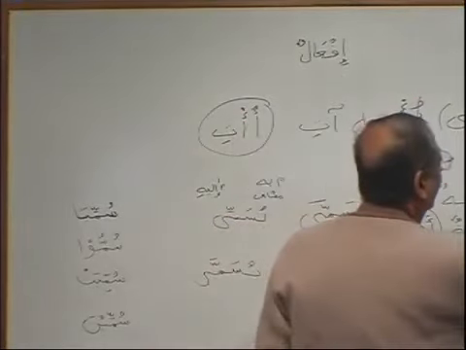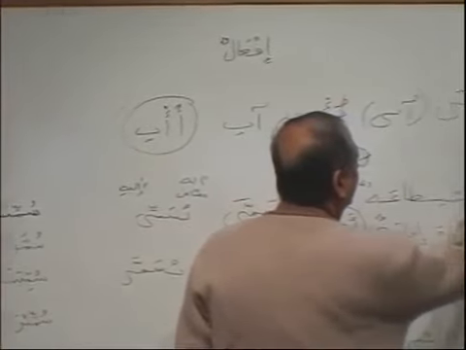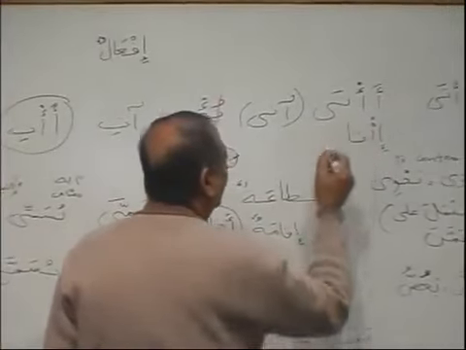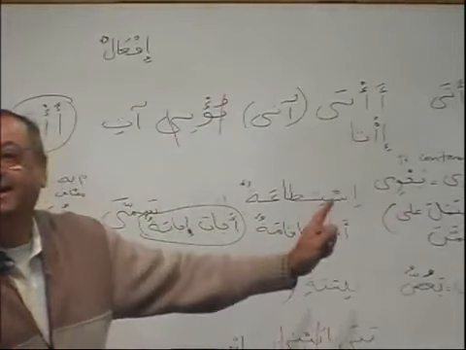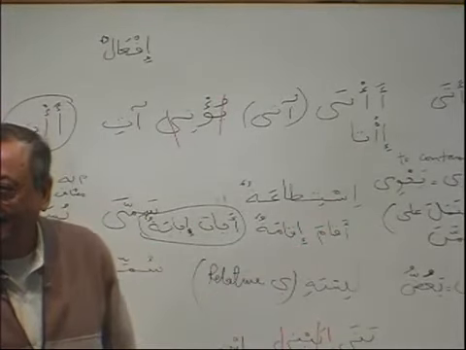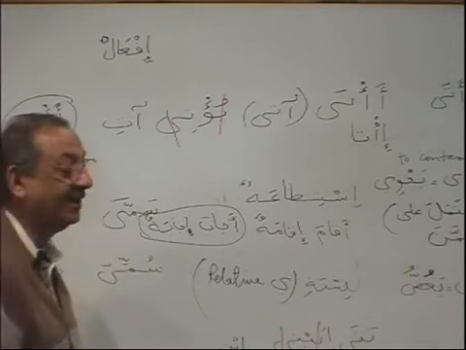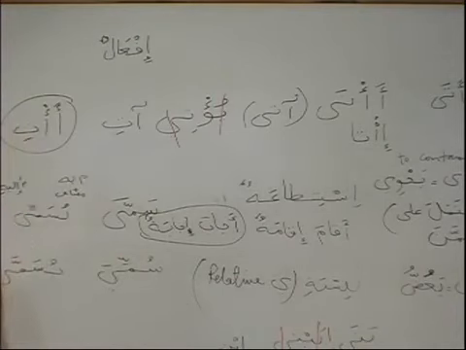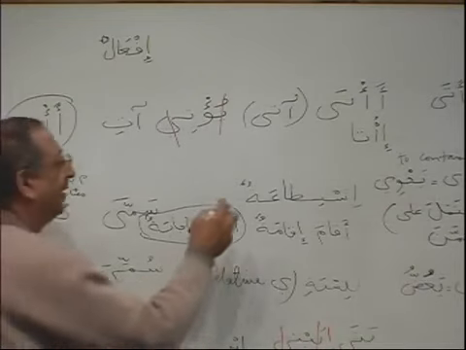I will say ita. Are you with me? Then the ya will change into hamza. Are you with me, brothers and sisters? We have done it. I want to repeat it so that slowly you become very strong. Ita.